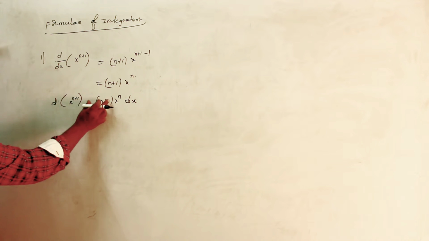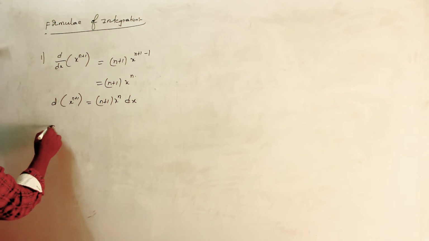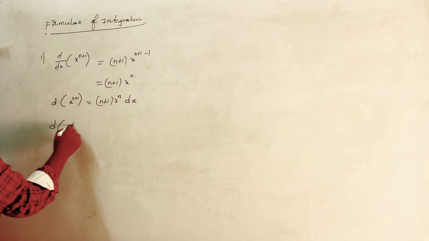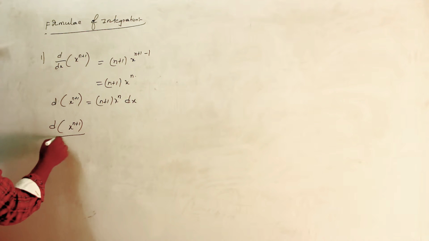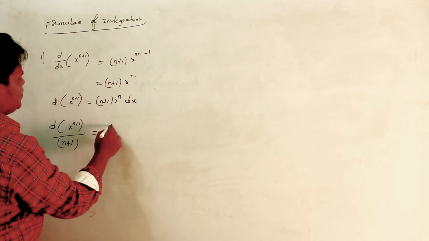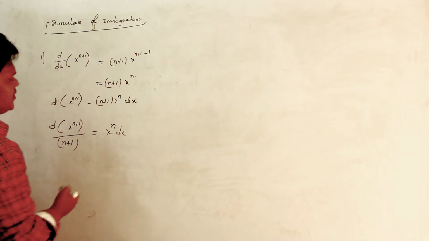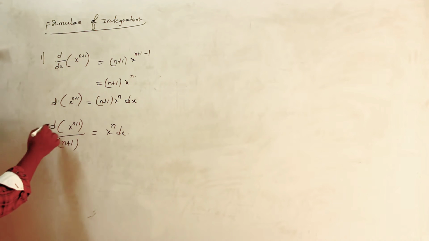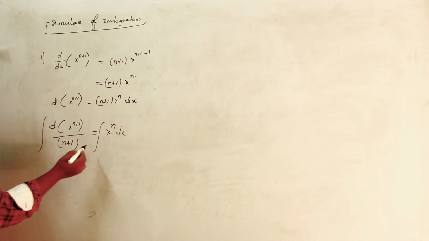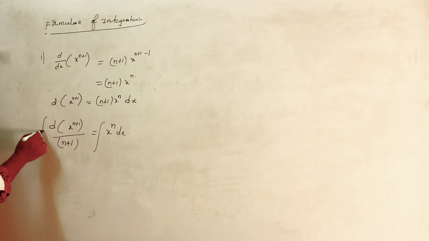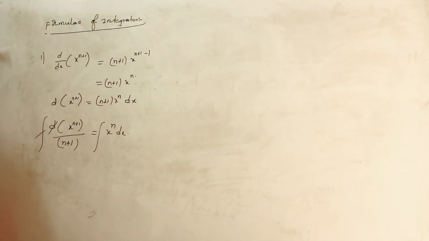Now let us take this constant to this side. So d of x power n plus 1 divided by n plus 1 is equals to x power n dx. Now let us try to integrate on both sides. So this integration and differentiation get cancelled. So then see what is the result we got.